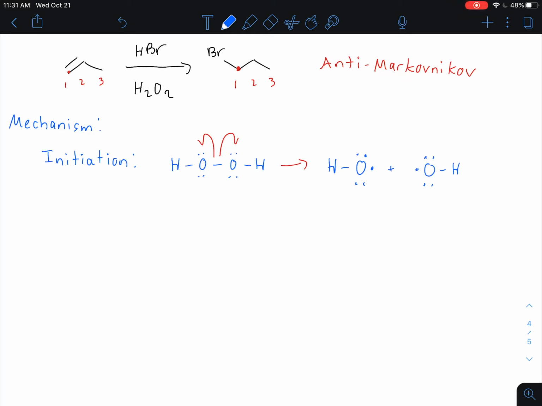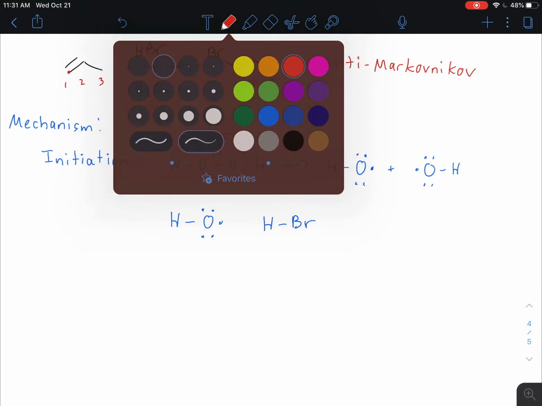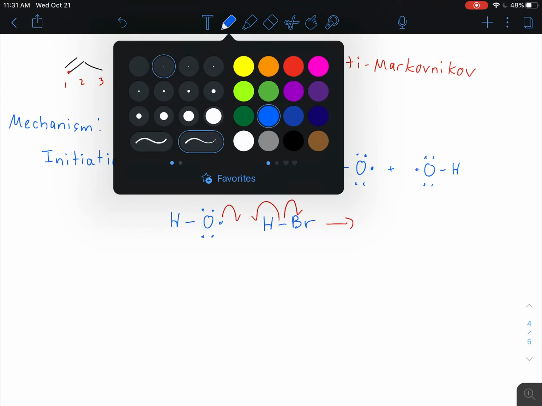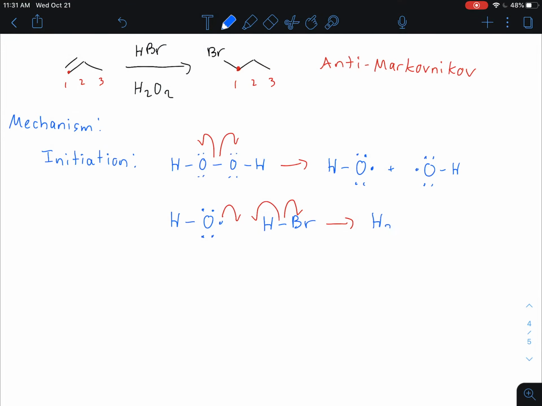So we form this peroxide radical, and then this is where everything is going to change. This is our second initiation step. The peroxide radical is going to react with our HBr, and that's going to form bromine radical as well as water.